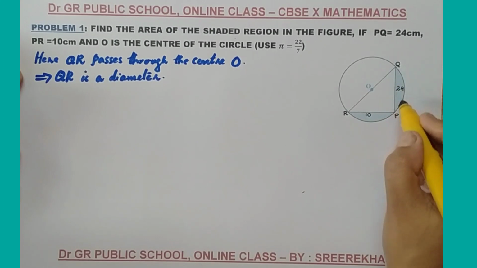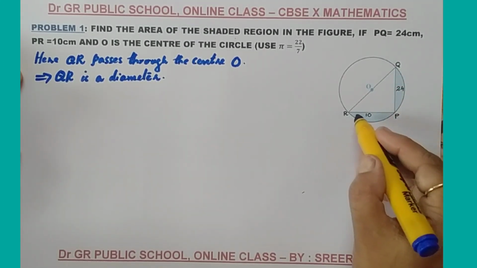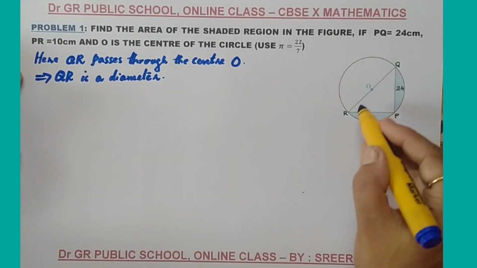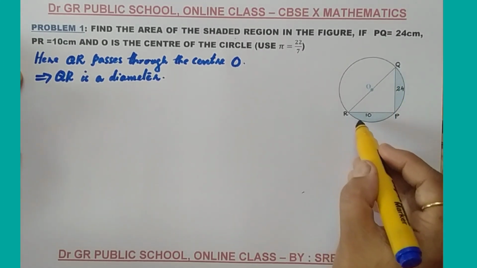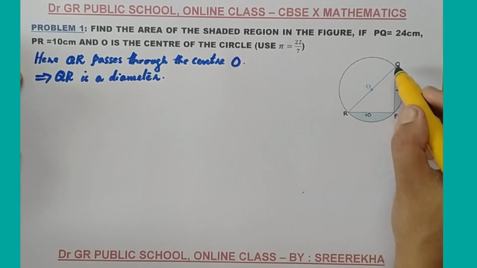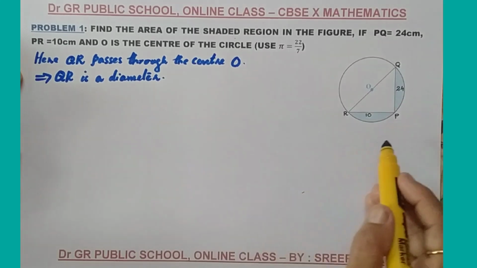Now we can identify the shaded region. Look at the figure. Actually, to get the shaded region, we need to consider the full circle. QR is a diameter and hence this much part will be a semicircle. So, from this semicircular region, if you subtract this triangle PQR, you will get the shaded region. Am I right?